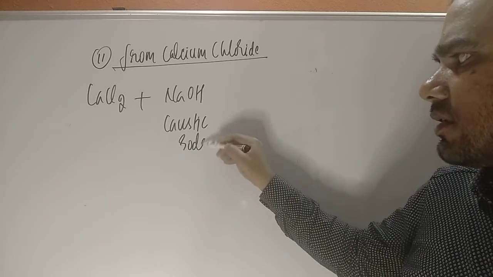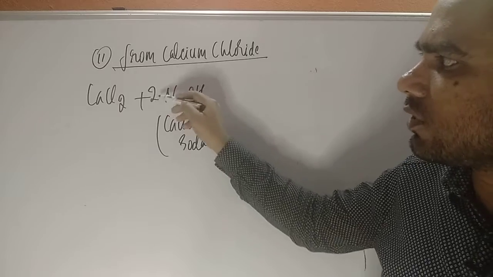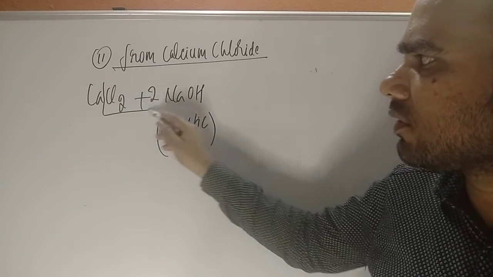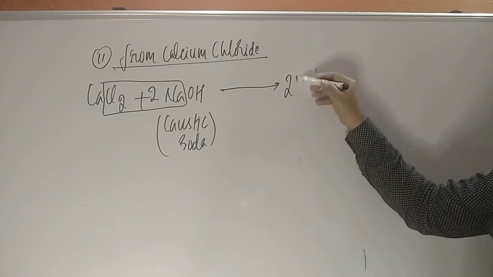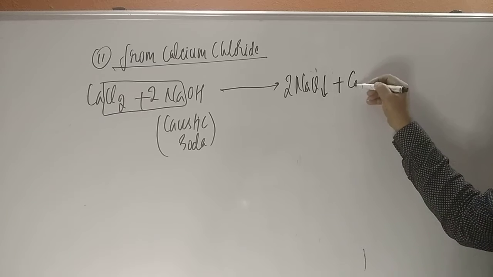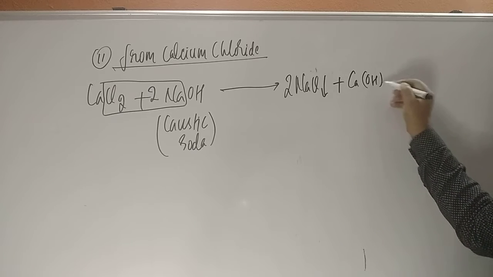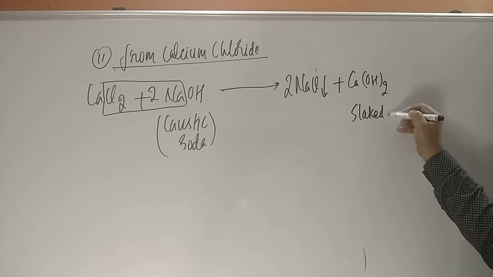Take 2 moles of it, and here you are removing the salt. 2NaCl is removed, it will precipitate out, and what you will get is calcium hydroxide, that is slaked lime.